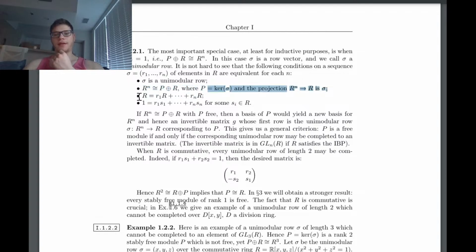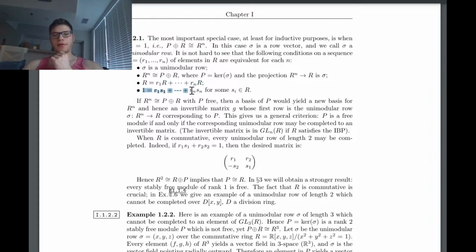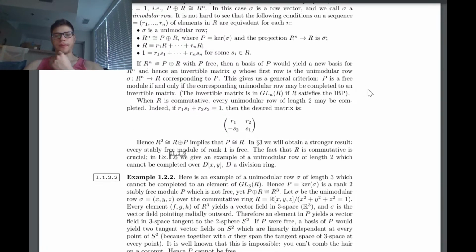Then the kernel is going to give you the stably free thing, and this is the same thing because this is R-linear, so if you can generate one, you can generate everything. So these are easily seen to be equivalent. Great.